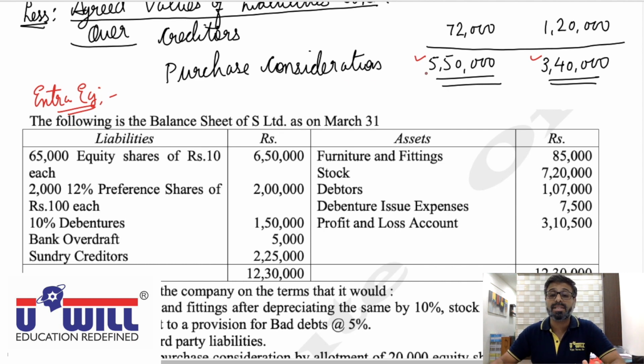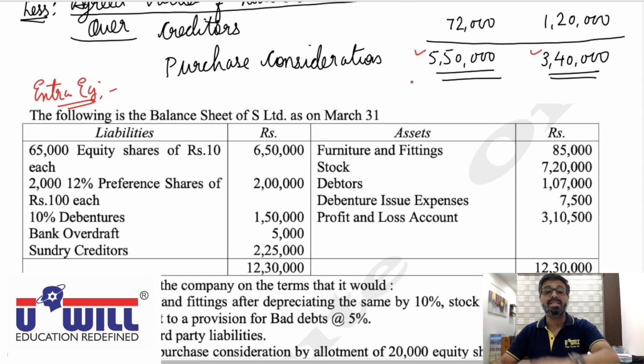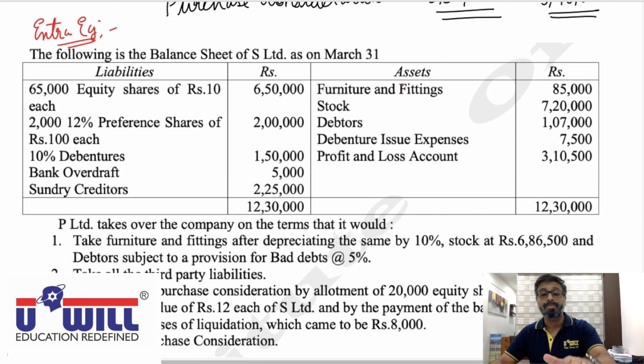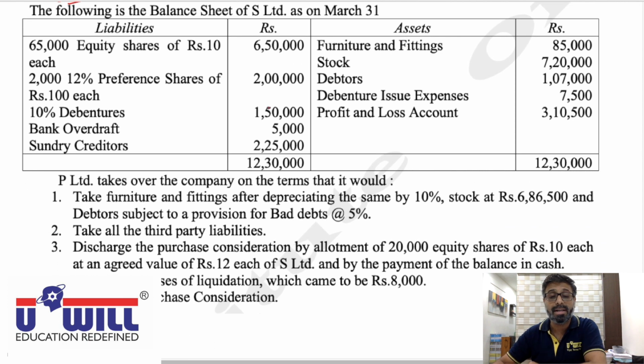After you find purchase consideration by net asset method, you also will be given the information how this payment is to be made. And in that payment information, the amount of any one mode of payment would be missing. That's why we have first obtained the purchase consideration by net asset method. So look at the next example, you'll understand it from that.